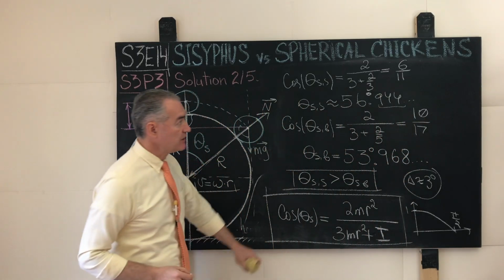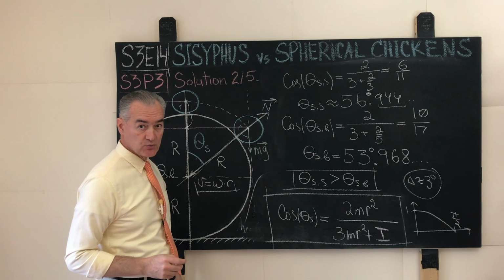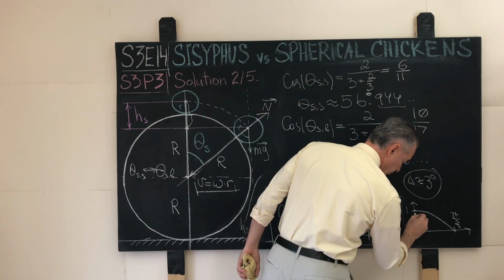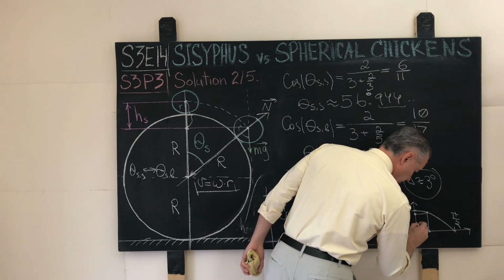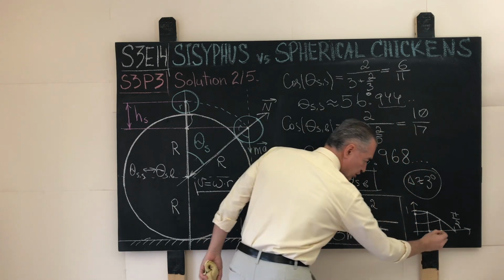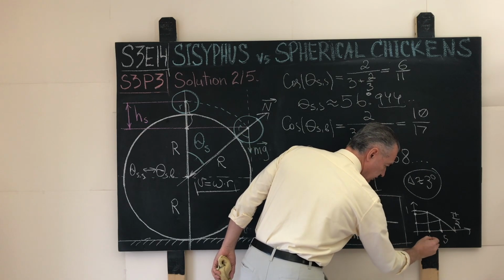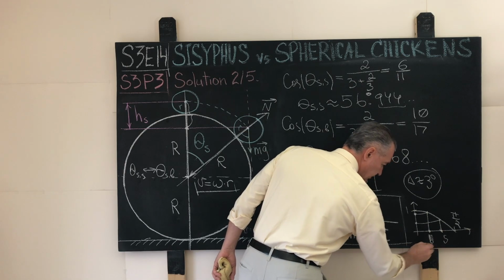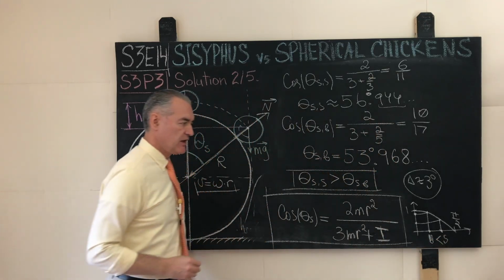That means that to the larger value of the cosine corresponds a smaller angle. Exaggerating for demonstration purposes, a larger value here corresponds to this angle, and a smaller value of the cosine corresponds to a larger angle. So this is the angle for the sphere, and this is the angle for the ball, and the sphere evidently has a larger angle than the ball.